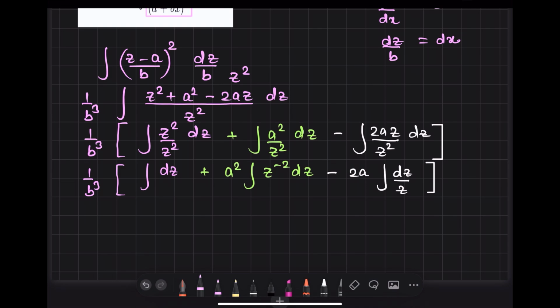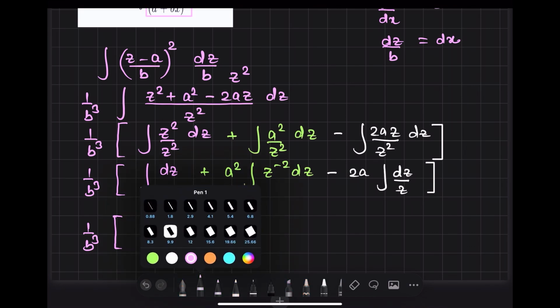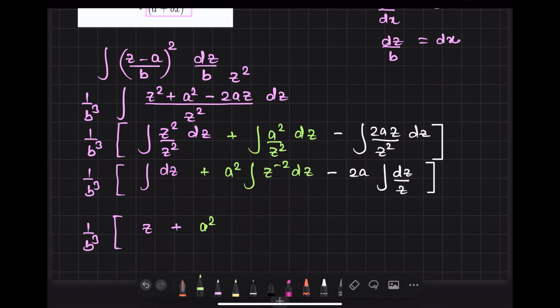Now we are good to go with the final answer. So b cube, then we have integration of 1, sorry, so it is z. Now plus a square, and then it is z to the power minus 2 plus 1 over minus 2 plus 1.